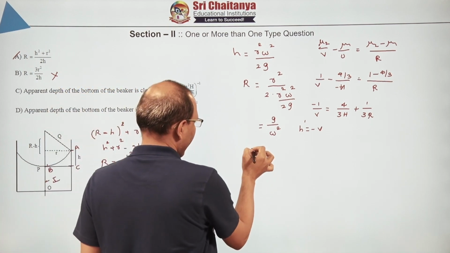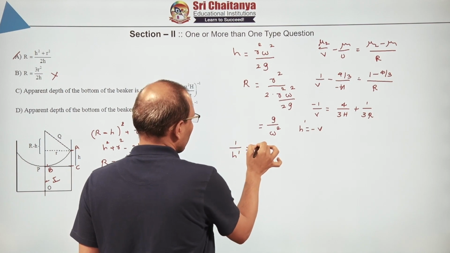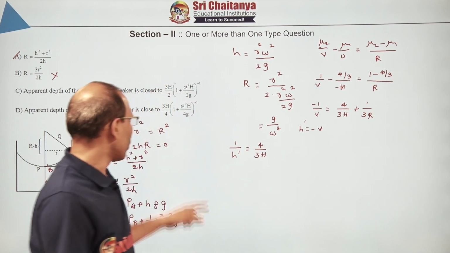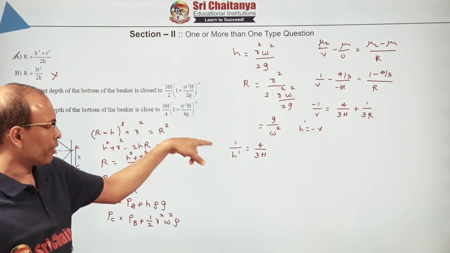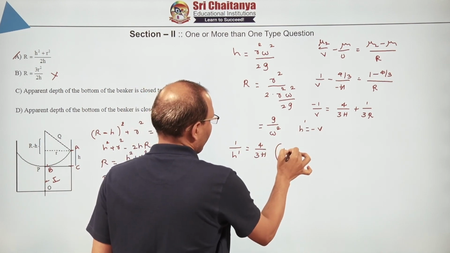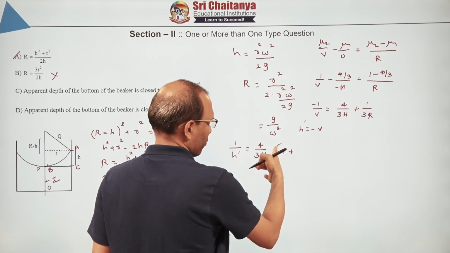So we can write 1 by H dash is equal to 4 by 3H plus 1 by 3R. I will take common, because all the options are 3H by 4, 3H by 2, so I am taking 4 by 3H common. So what is remaining here? First term is 1. Here 3 has come out, but H is not there.